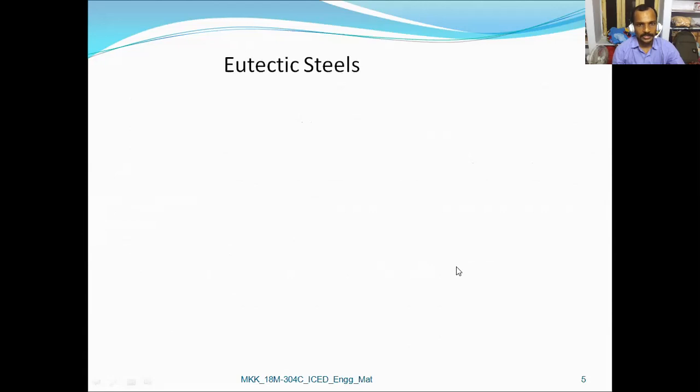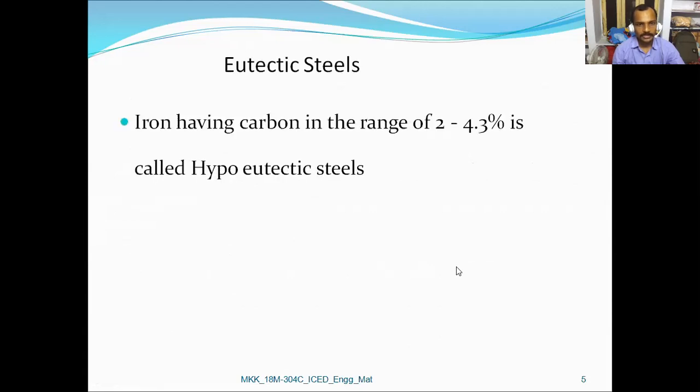Eutectic steels now. Coming to the eutectic steels, iron having carbon in the range of 2 to 4.3% are known as hypoeutectic steels. In the eutectic steels also we have hypo, hyper, and eutectic.